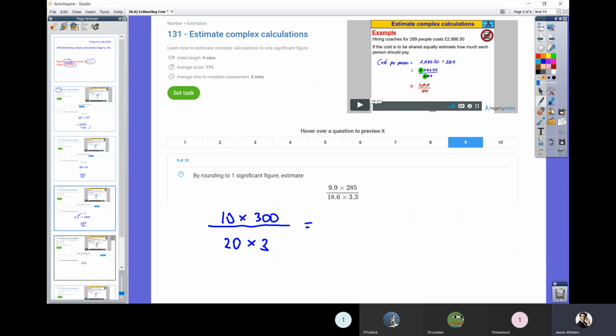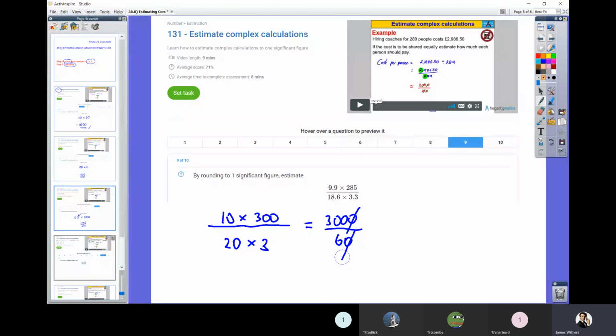Okay, so 10 lots of 300 is 3000, and 20 times 3 is 60. Now, just do a little bit of simplifying. You can basically divide top and bottom by 10, so that gets rid of one of the noughts. So we're left with 300 to be divided by 6.